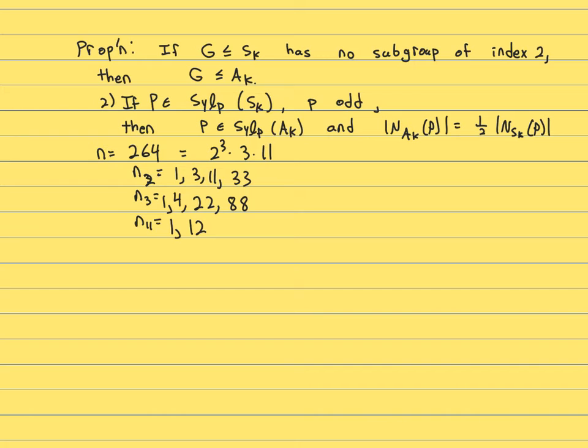So it looks like it'd be a good idea to assume n sub 11 is 12, have G act on the Sylow 11 subgroups, and assume G is simple. If we do that, then we have a homomorphism from G to S12. I'll show my work more carefully. I should point out that we've ruled out these options if you're going to have a simple group.